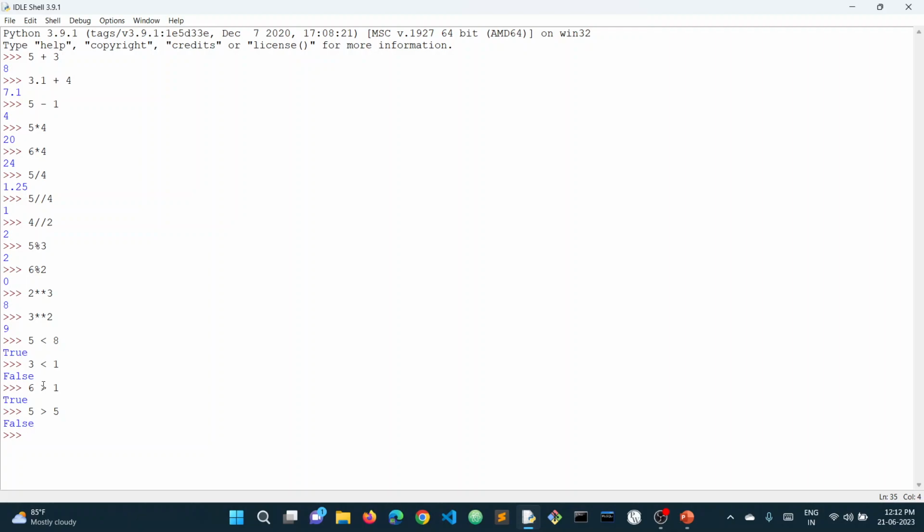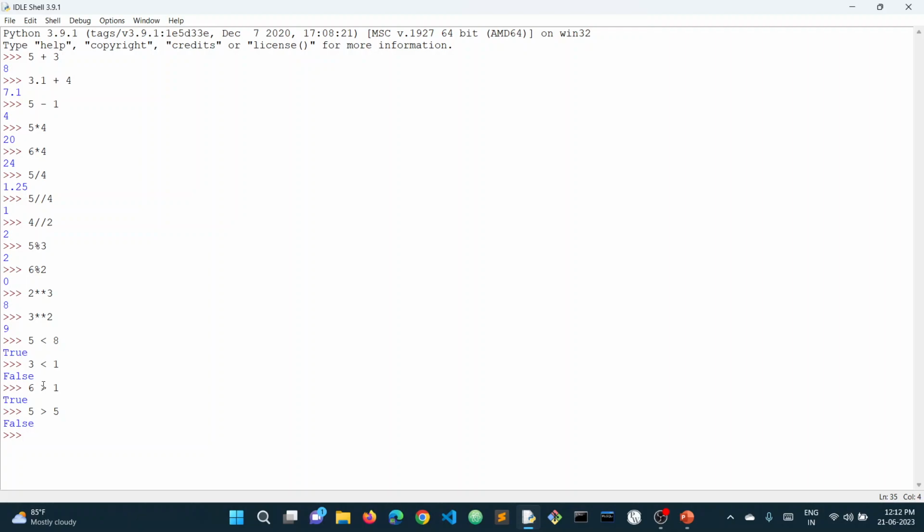Now coming to the less than equal to and greater than equal to operators. If we look at less than equal to, the Python relational operator will return true if the number written on the left hand side is less than the number written on the right hand side, or both of them are equal. Otherwise, it will return false.